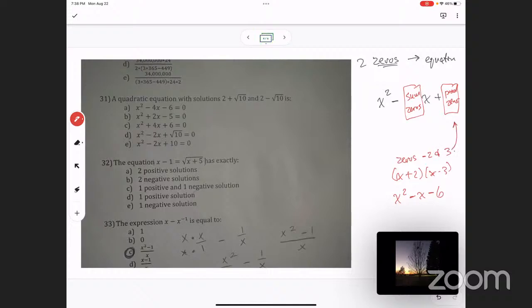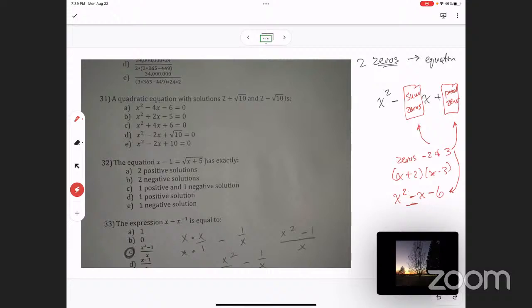What's -2 times 3? -6. And what's the sum of these? Sorry, the sum is +1, but you take the negative of the sum, the opposite of the sum, and you put it there. Does that make sense?